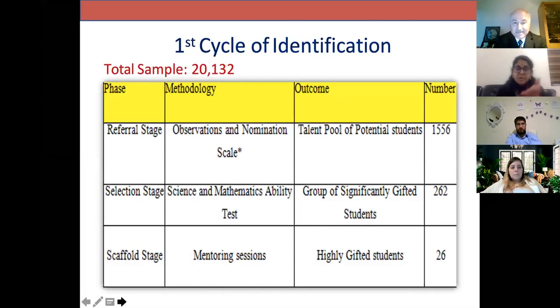So in the first cycle of identification, when we were developing the methods and processes of identification, we worked on a sample of 20,132 children, and these kids were from grade 6 to grade 9.